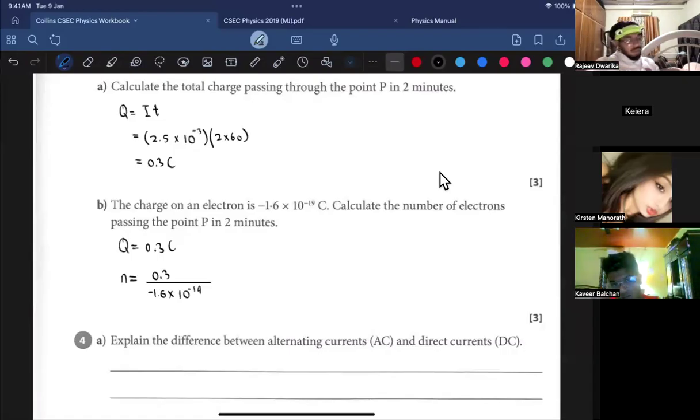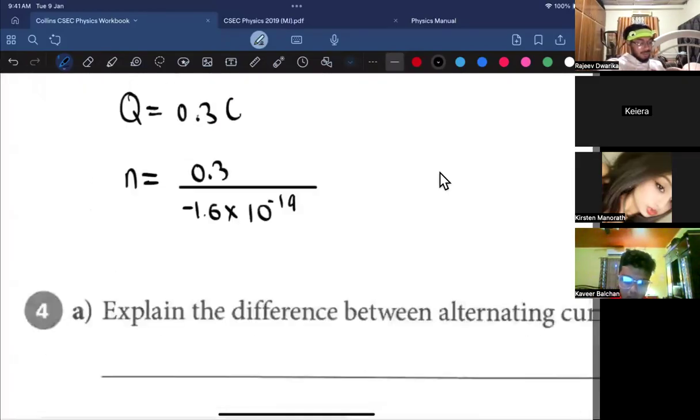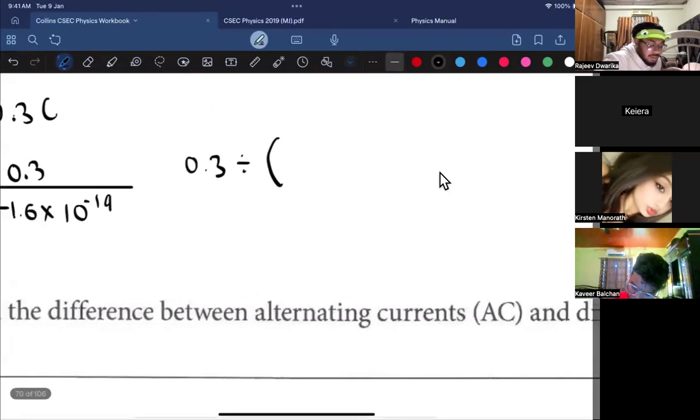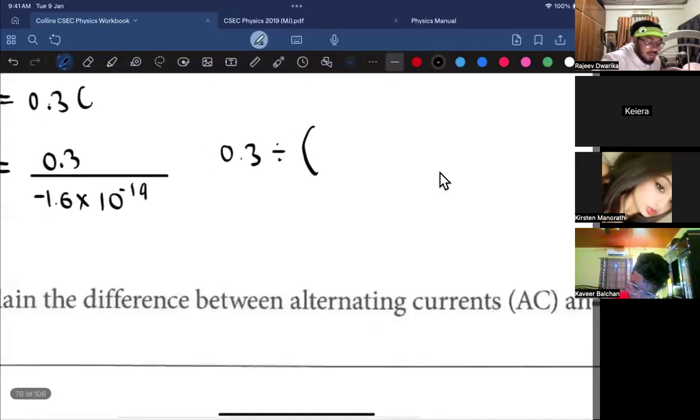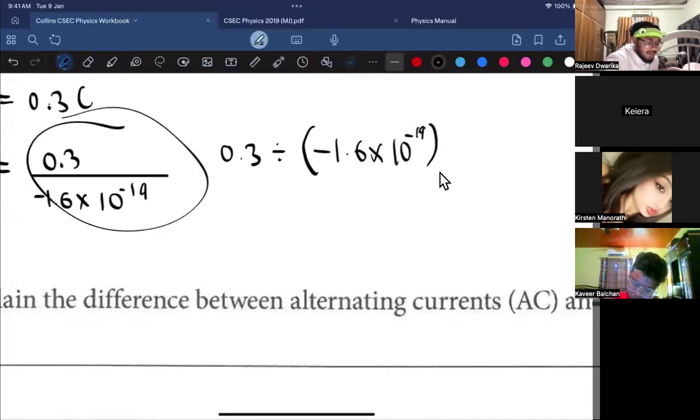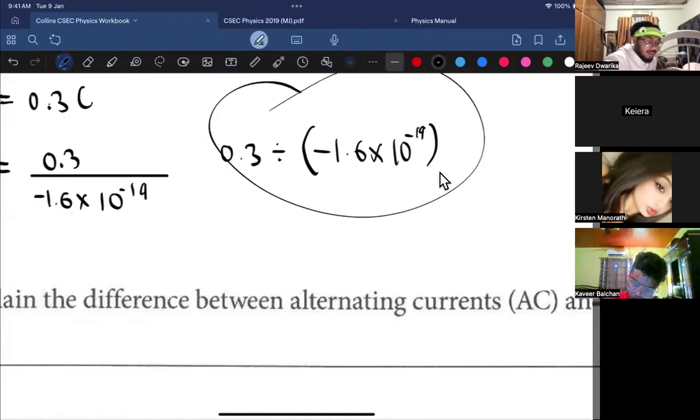So what we're doing is dividing. You need to be careful how you plug this into the calculator. Watch this. It is 0.3 divided by this whole thing. Since it's a whole thing, you need to put it in brackets. So put 0.3 divided by 1.6 by 10 to the power minus 19. Anybody with a Casio could plug this in directly, but you have a Sharp, so you have to do this. The brackets are important.